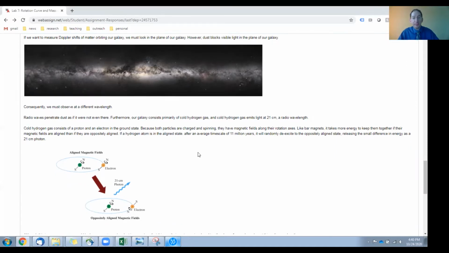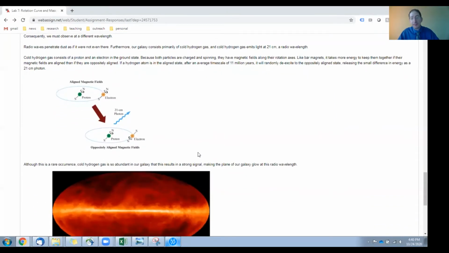Let's take a look at the emission mechanism. This occurs completely in the ground state. The electron remains in the ground state the entire time. It's made possible because the proton and the electron act as little magnets. They're both charged and they're both spinning. Whenever you have charge spinning, you get a magnetic field. So the proton and the electron act as little bar magnets.